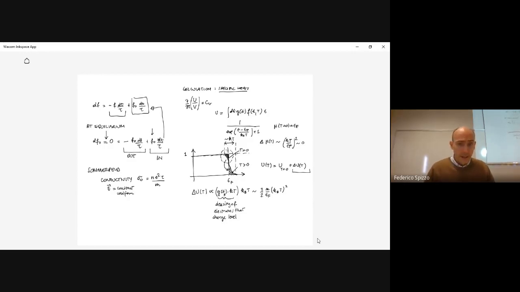So if the increase of energy is proportional to T squared, then if I evaluate the specific heat and make the derivative with respect to T, I have that CV is equal to 3 divided by 2 times N divided by EF times KB squared times twice the temperature.